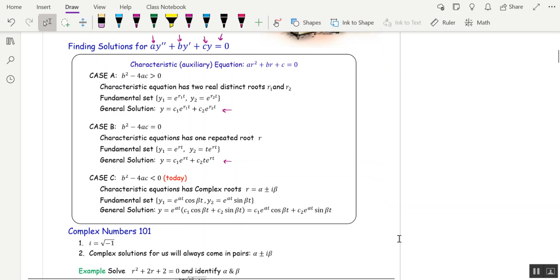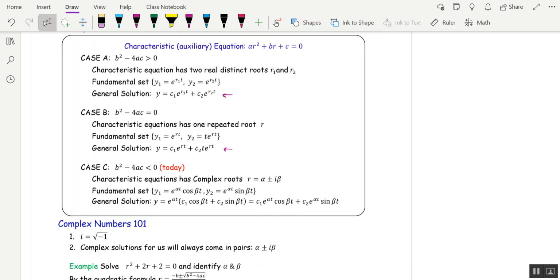Today, we're going to look at the case where we have complex roots that look like r equals alpha plus i beta. In that case, our general solution is C1 e to the alpha t cos beta t plus C2 e to the alpha t sine beta t.